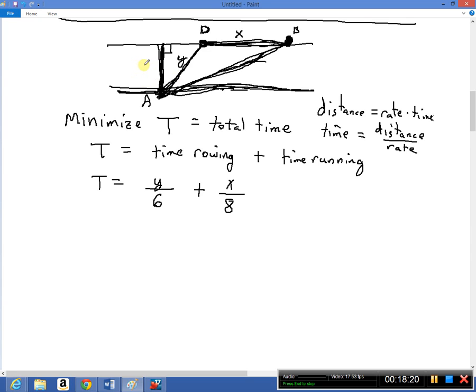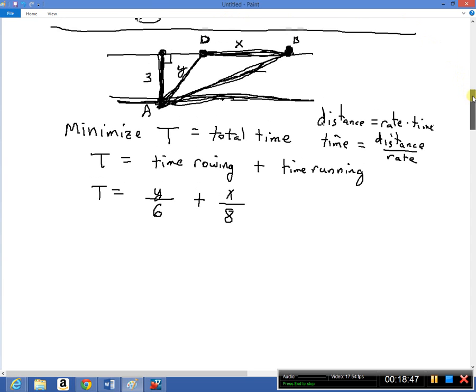So first of all, the river is 3 kilometers wide, so the distance from here to here is 3. It's also the distance from here to here, of course. And he wants to reach the point B, which is 8 kilometers downstream from where he is. So if this is downstream, then the distance from here to here is 8. I don't have a way to put that easily on here.